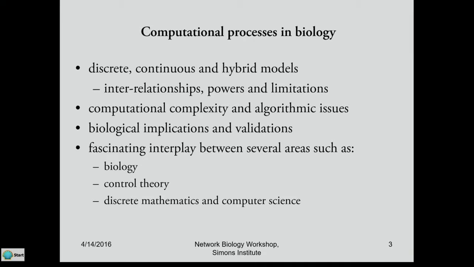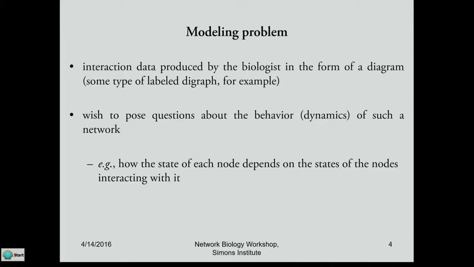So we are talking about computational processes in biology, and basically different processes that occur in the cell. So you have different kinds of models, and you have computational complexity and algorithmic issues, and it's a fascinating area between biology, control theory, discrete math, and computer science. So the modeling problem is how do we incorporate the biological data?